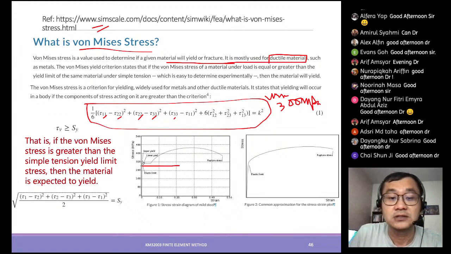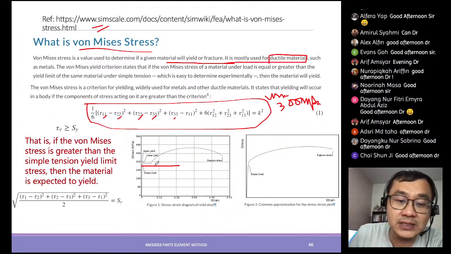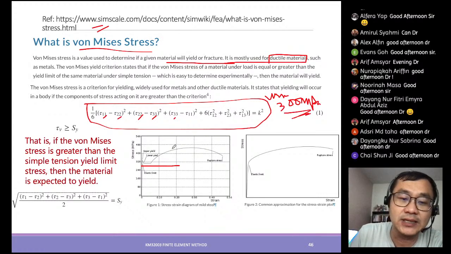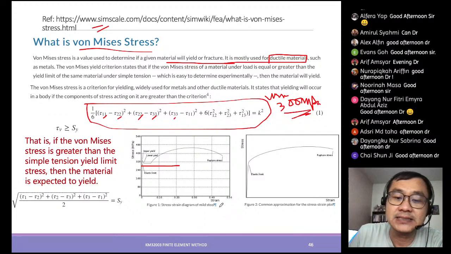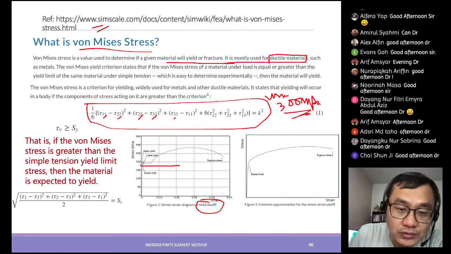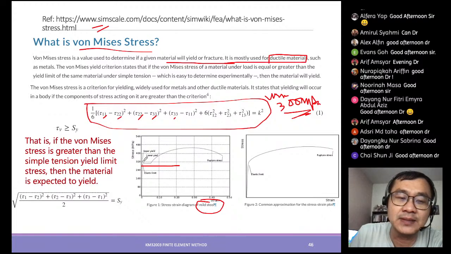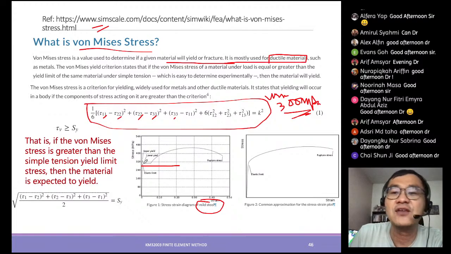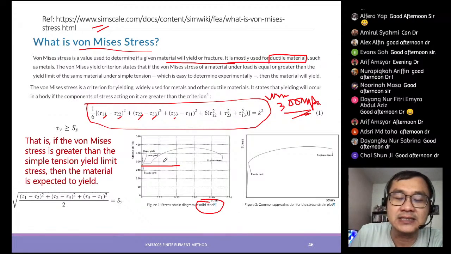If the stress is 300 megapascal, the highest one, meaning if we apply this to mild steel, it still does not reach the elastic limit, meaning it still behaves like normal steel. It doesn't reach the yield or the ultimate or the fracture part yet.